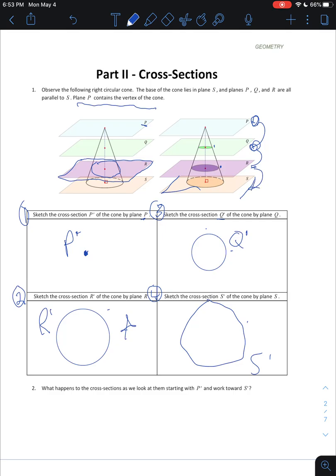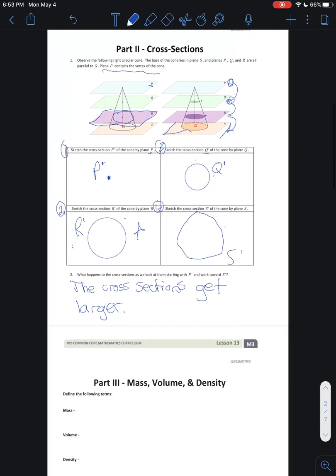And when we go all the way down to the base, we see what is supposed to be a circle is even bigger than the circle in R. So we can say the cross sections get larger.